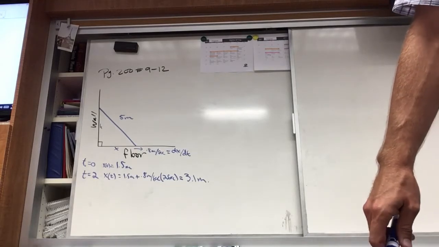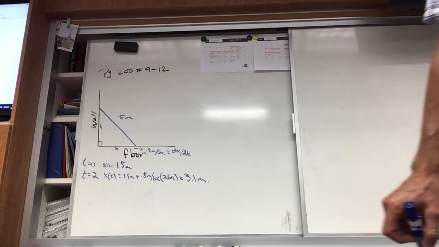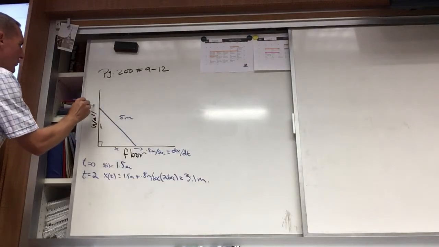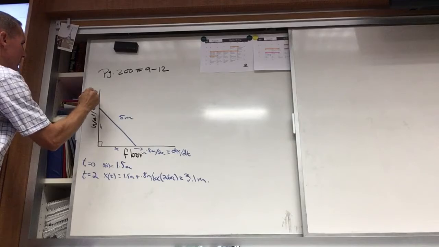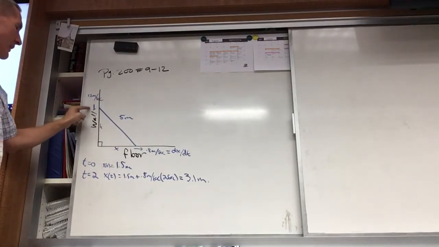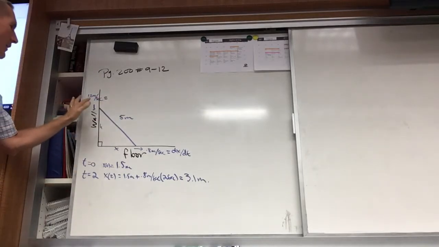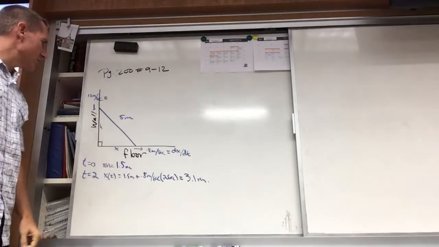It says, suppose that the top of the ladder is sliding down the wall at a rate of 1.2 meters per second. So now the top of the ladder is sliding down the wall at 1.2 meters per second. Okay, so what that tells me is that that's going to be related to this variable h.